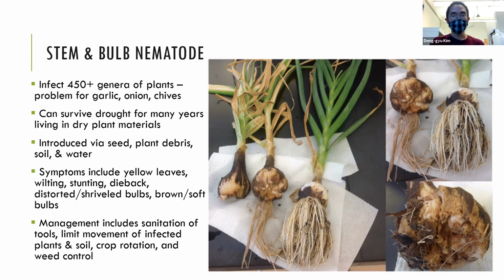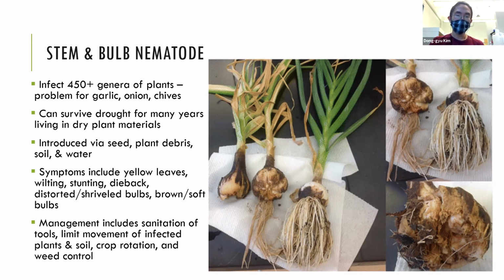Symptoms, once again, are very similar to other nematode infestations: those generic yellow leaves, wilting, growth stunting, and in severe cases, diebacks. But for garlics, onions, and chives in particular, the distortion and shriveling of bulbs is of particular interest.